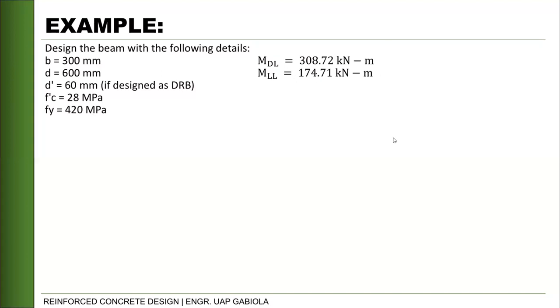And then we have the following loadings, 308.72 kilonewton meter for dead load. And then for live load, 174.71 kilonewton meter. Okay? So, pwede gawin nyo, once you see na yung f'c natin, pwedeng lagyan mo na agad ng beta 1, that is 0.85. Okay? Yan. So, let's start with our first step.